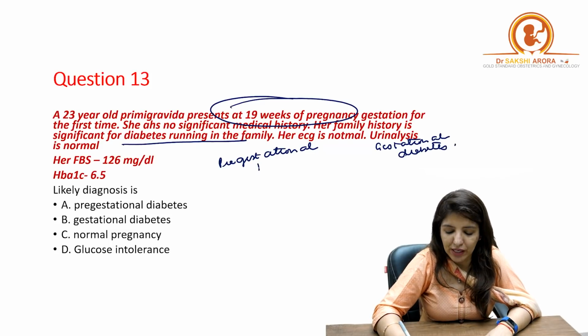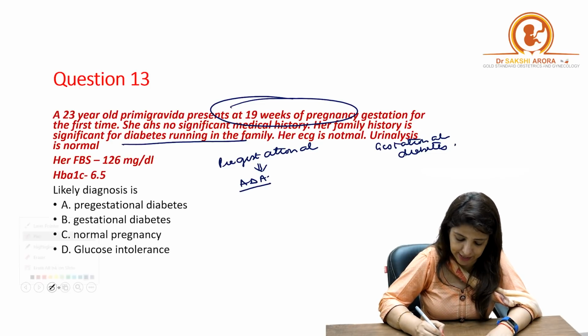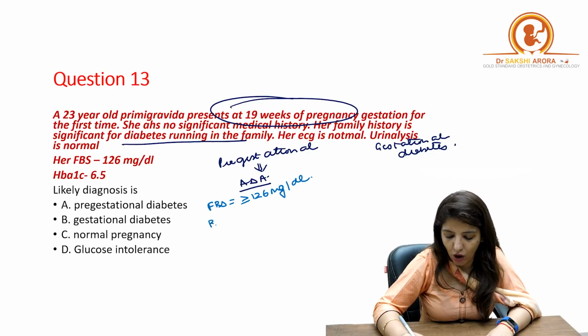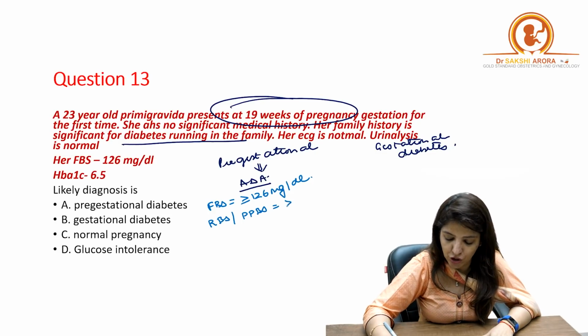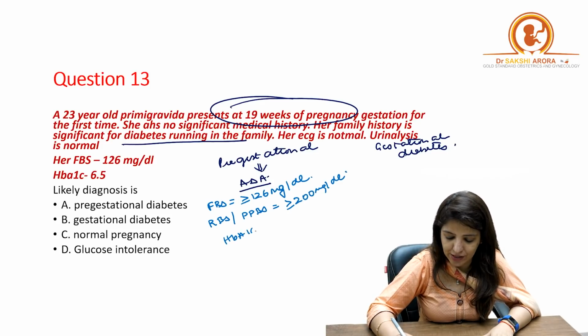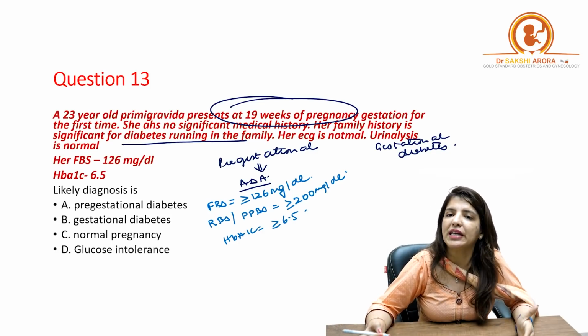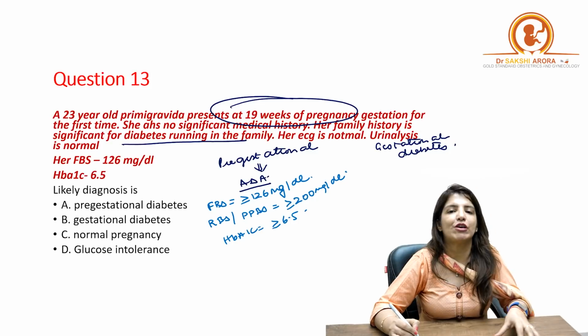Now, for diagnosing pre-gestational diabetes, the American Diabetes Association has given a criteria: if fasting blood sugar is more than or equal to 126 milligrams per dL, or random blood sugar or 2-hour PP level is more than or equal to 200 milligrams per dL, or HbA1c is more than or equal to 6.5, then we say it is a case of pre-gestational or overt diabetes, which means that a diabetic female has conceived.